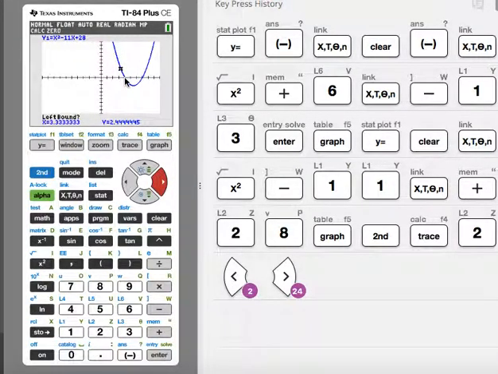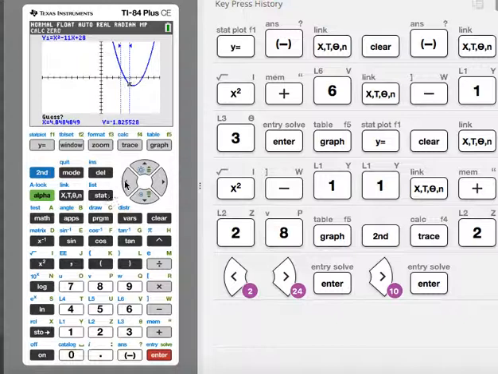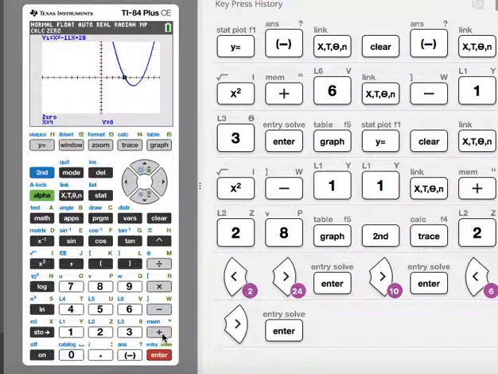Now I'm going to do this left x-intercept first. So I need to be to the left of it, okay? And I press enter. And then I need to be to the right of it on the graph, and I press enter. And then it says guess. So I'm going to go as close as I can to that x-intercept. I'm going to say that's about right. And it tells me that my zero is at 4, 0. So we know we have one zero at 4, 0.